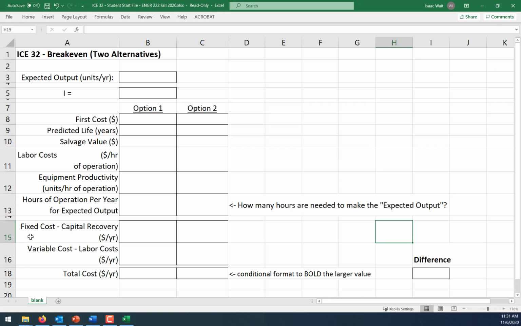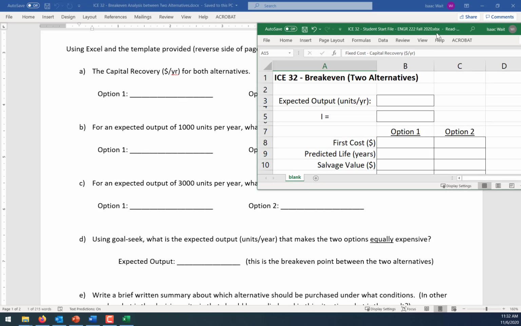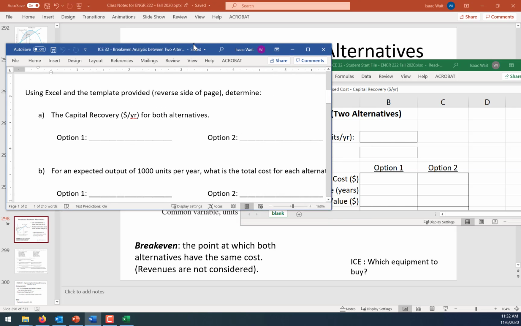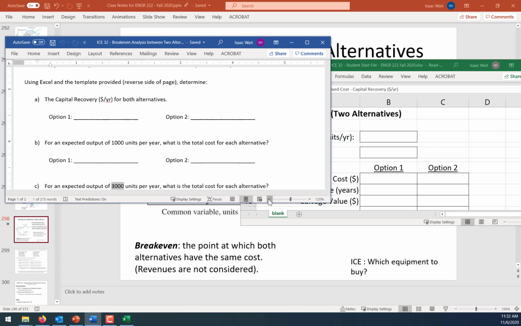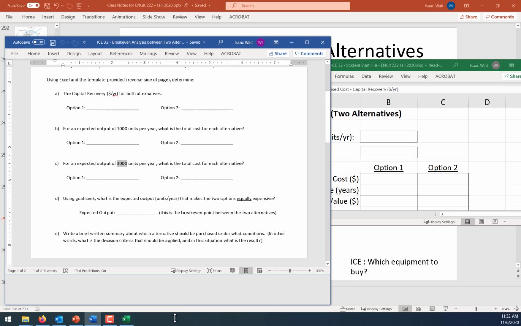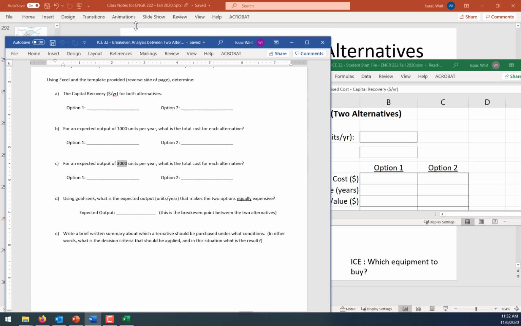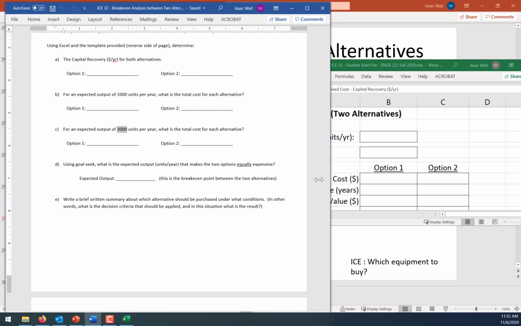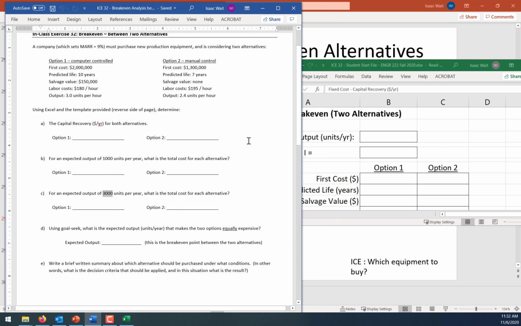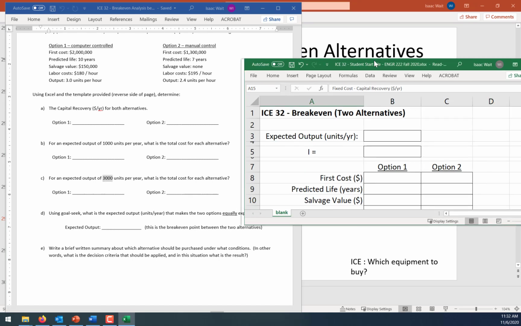The capital recovery is down here as the fixed cost. So let me pause for a moment and give you a chance to start filling in the data into the template file based on the information from the handout. And then I will rejoin in a few minutes and we'll start going through the solution together to see if you are on the right track.